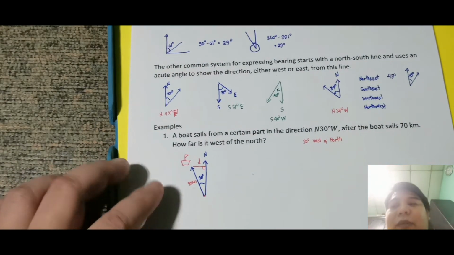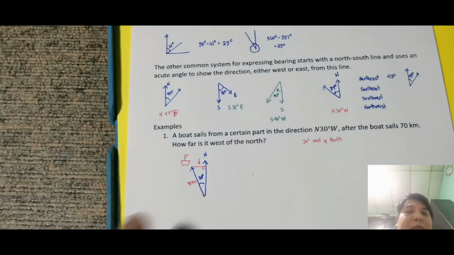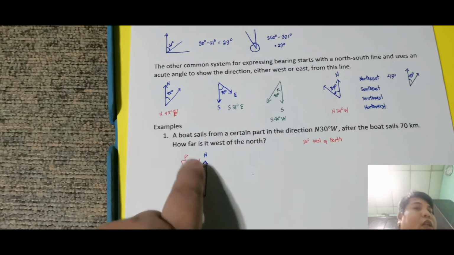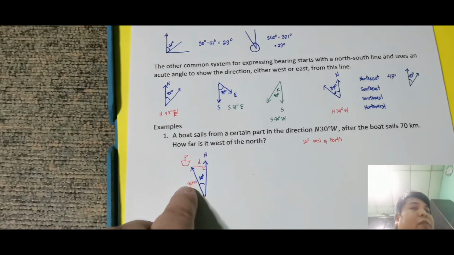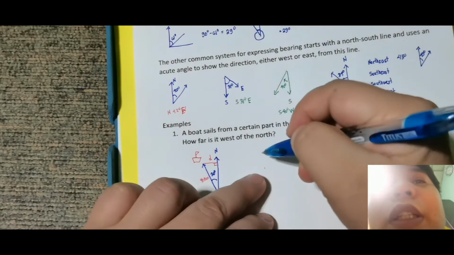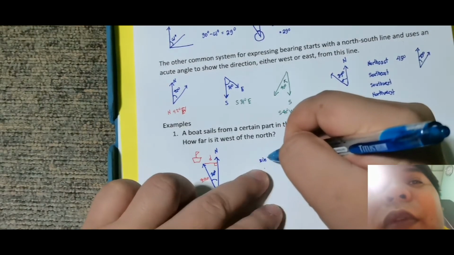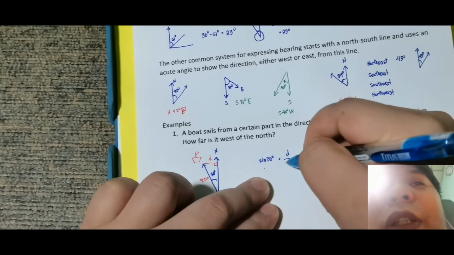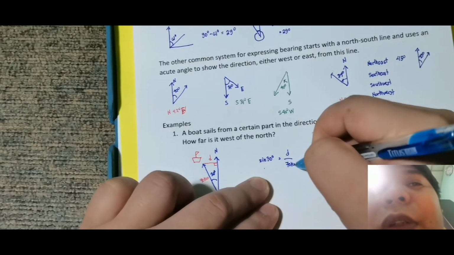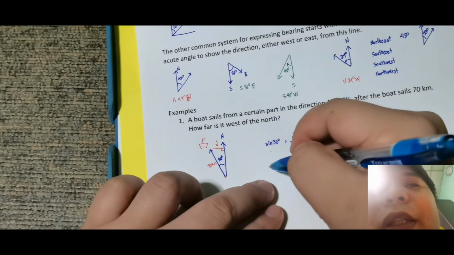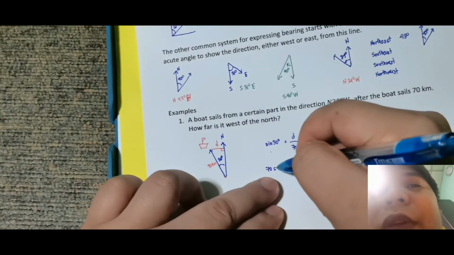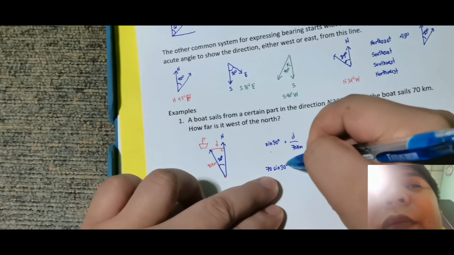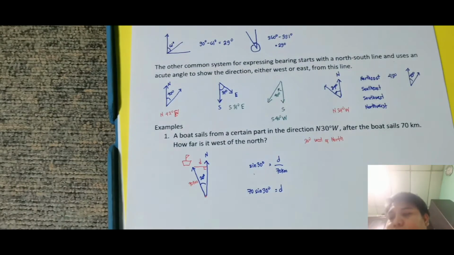Okay, so paano natin solve yung value ng D? That is simply sine ng 30 opposite over hypotenuse, kasi hypotenuse to. So sine 30 degrees is equal to D over 70 kilometers. Then, kahit wala na yung km, sine 30 degrees is equal to D over 70, so D is 70 sine 30 degrees.